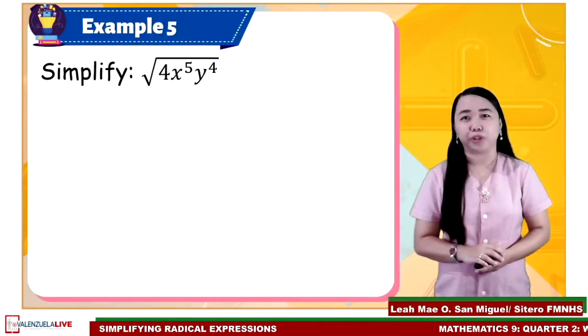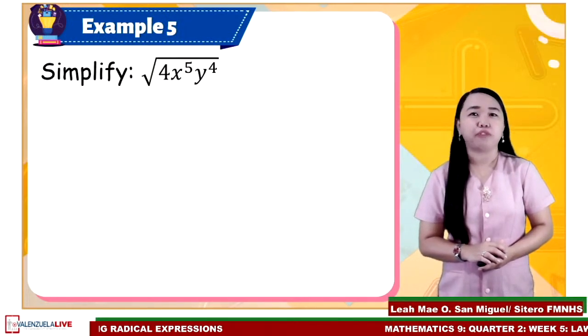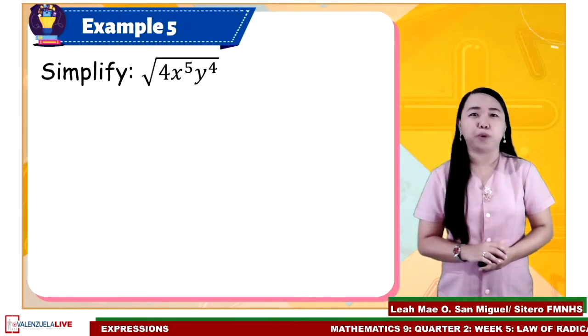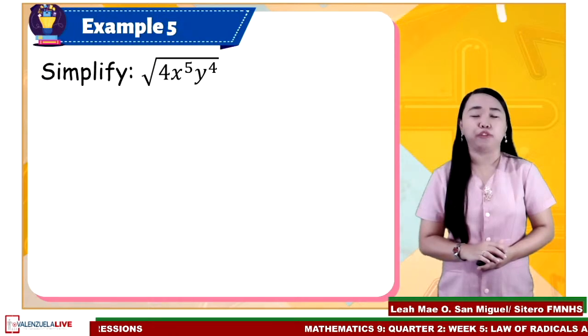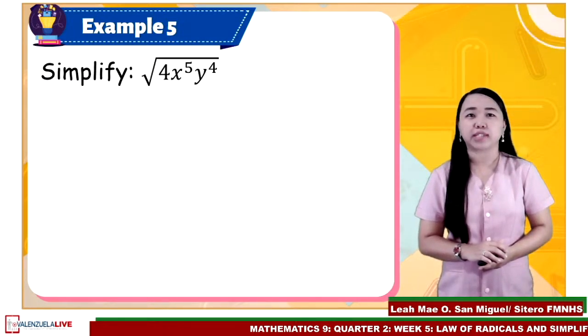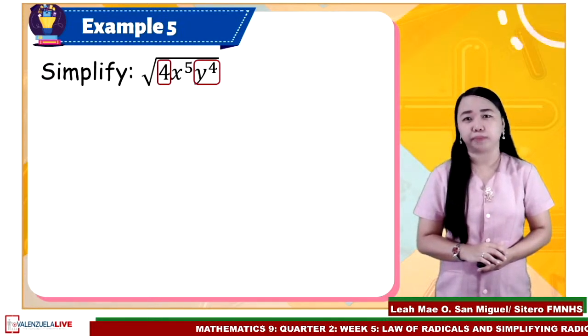Last example. Square root of 4x raised to 5 y raised to 4. In this example, apply the product rule for radicals. There are already two perfect squares and they are 4 and y raised to 4.